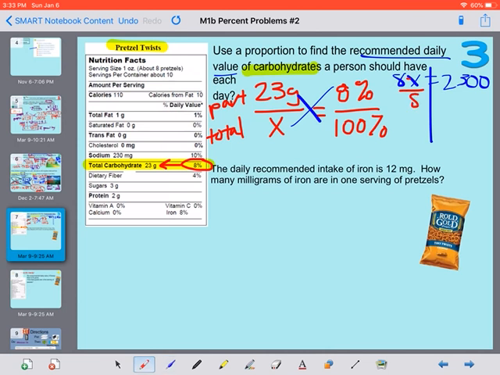The opposite of multiplying is divide. So we're dividing by 8 to get x all by itself. So I'm just plugging this into my calculator, 2,300 divided by 8, and I get 287.5. They were talking about grams of carbohydrates, so that is our answer.